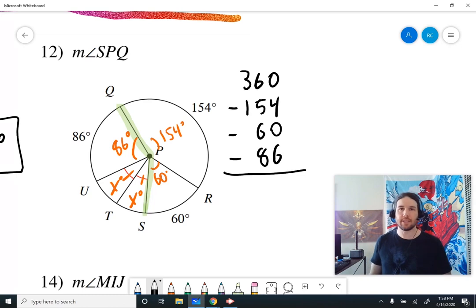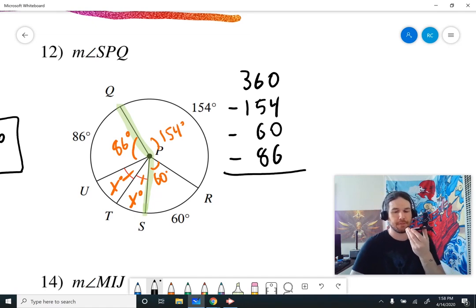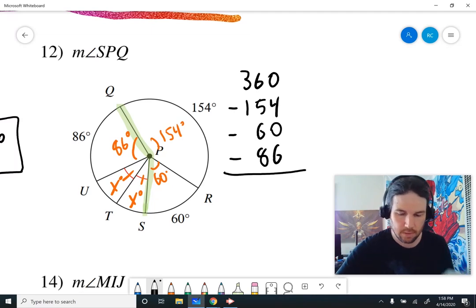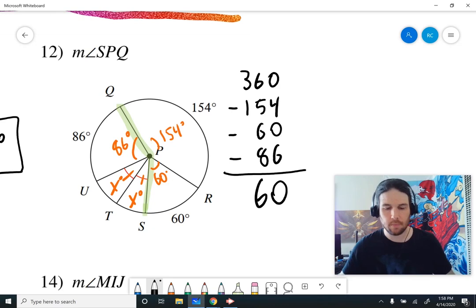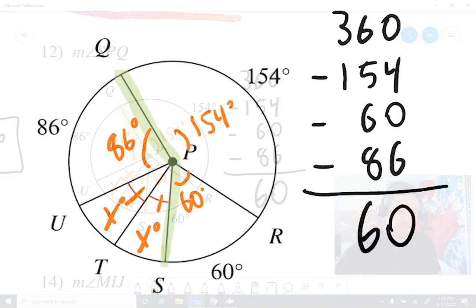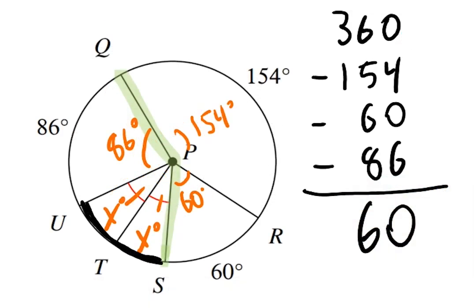There's an algebraic way to do this too, but not everybody thinks in algebra. Hey Google, what's 360 minus 154 minus 60 minus 86? The answer is 60. But be careful, 60 is this whole arc here, right?